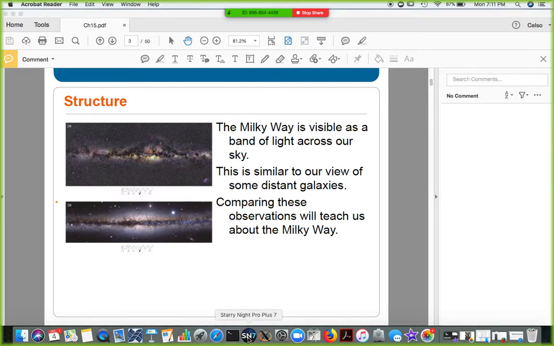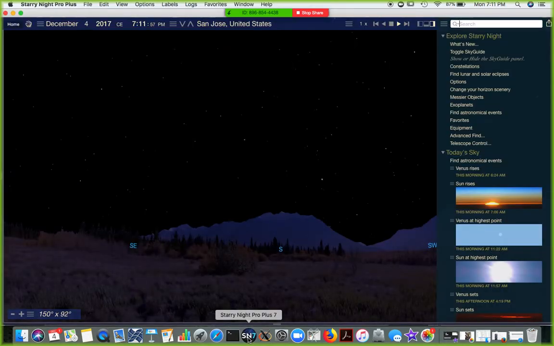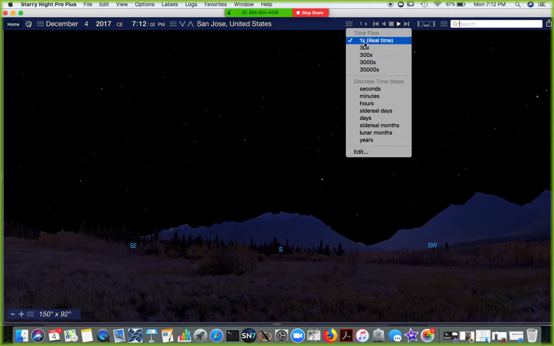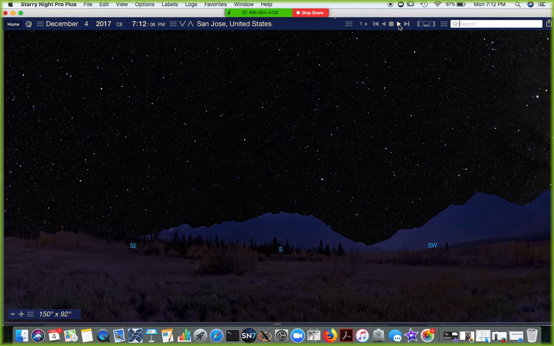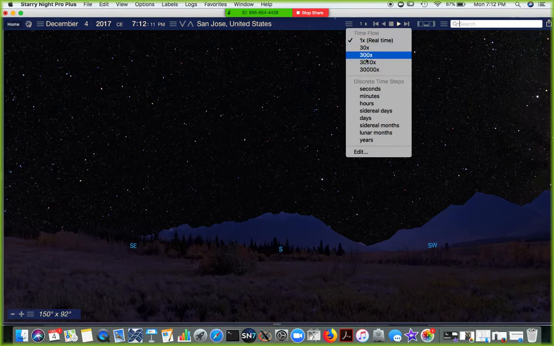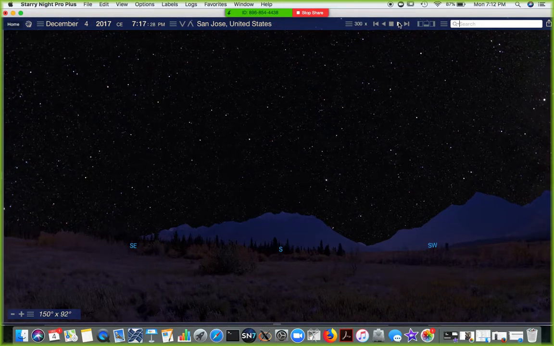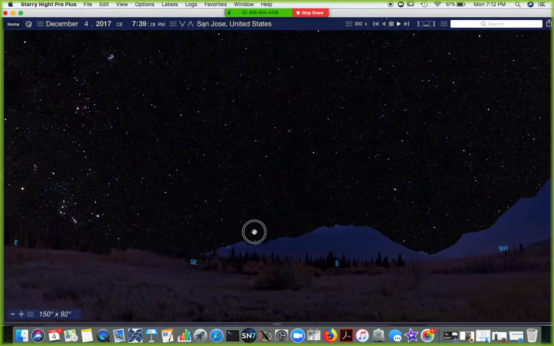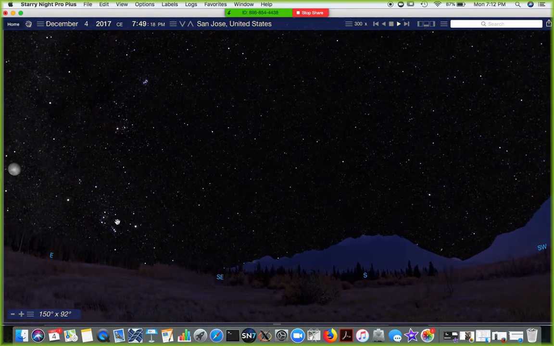If I launch the Starry Night software, let's see if I can do that. There you go. If I allow the time to fly by a little faster, the stars will slowly drift from east to west, like Orion rising over there.